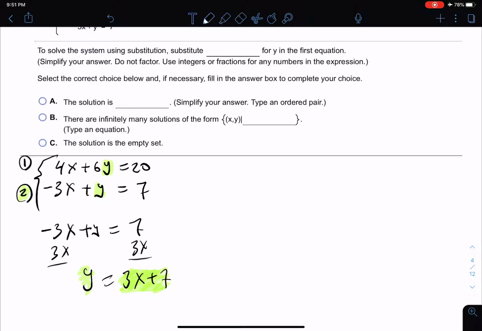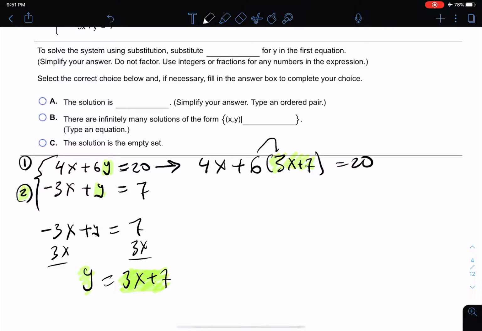So now we're going to rewrite this guy right here as 4x plus 6 times, remember the blob? What's the blob that we found? y equals 3x plus 7. And then finishing out this equation, it says equals 20.